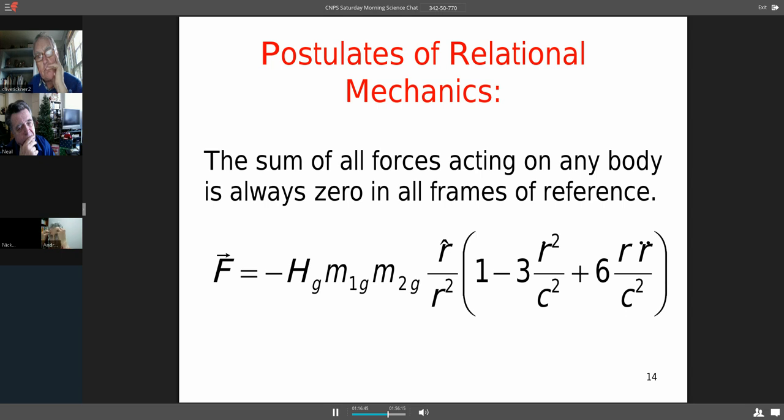But then Newton was so bright that he said, if the Earth itself spins relative to absolute space, not relative to the stars, the Earth is full of water. So just like in the bucket, when I spin the bucket, the water goes up, okay?